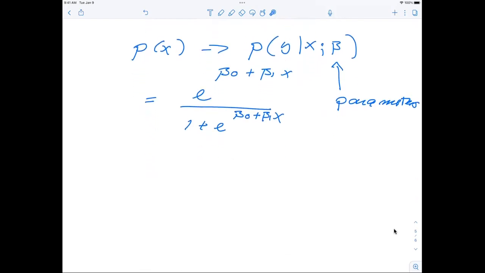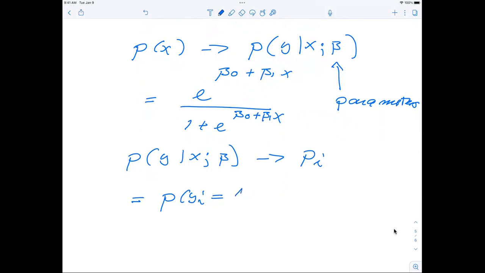So let's now assume that we take this and we modify this P of y to represent a specific input. So this is going to be replaced by a P of i, and this is going to be P of y of i. And now, since I've specialized to a binary case, I'm going to assume now that this specific version of the probability is for the case where y is equal to 1.